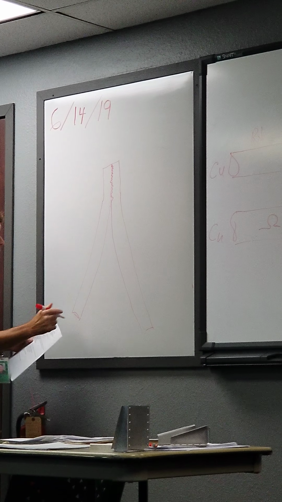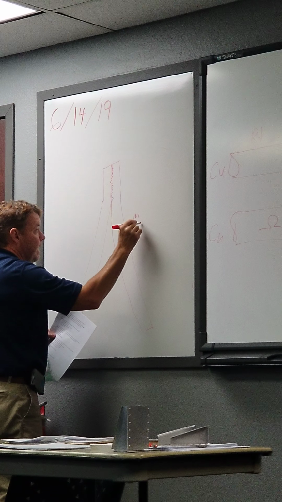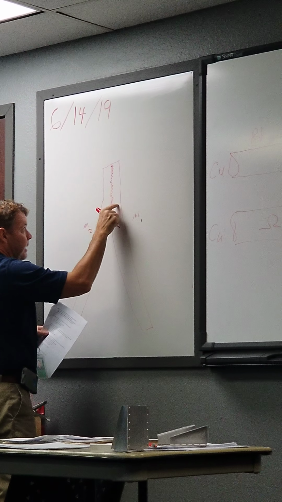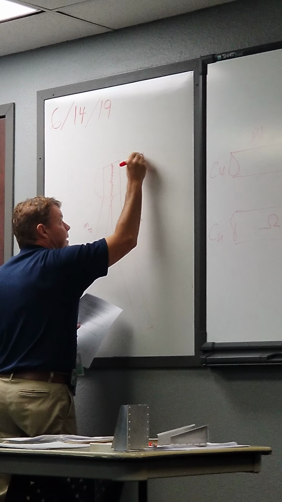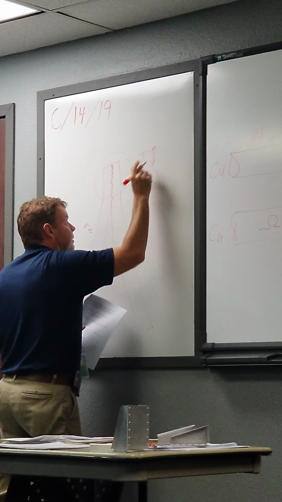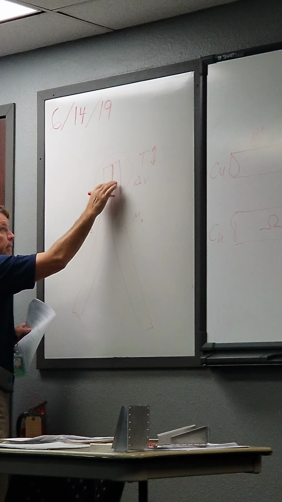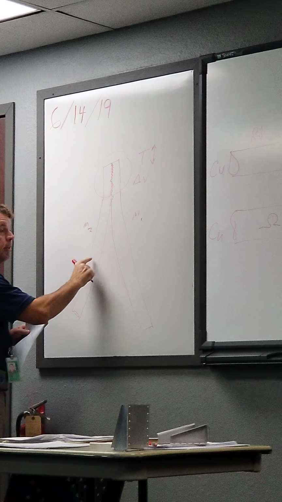And they generate a voltage. Now this is one metal, metal A, or metal 1, metal 2. And they're joined at one end. As the temperature of the junction changes, we have a differential voltage that flows across the interface, because they're not the same material.